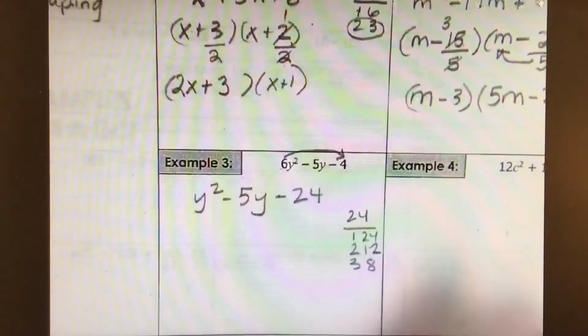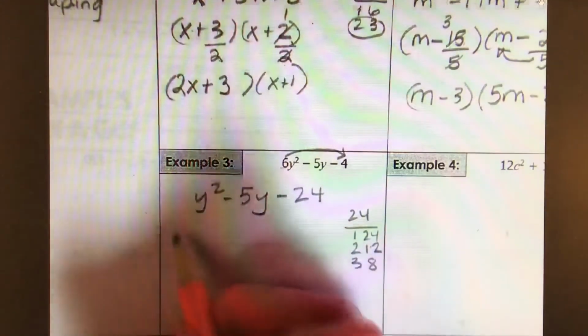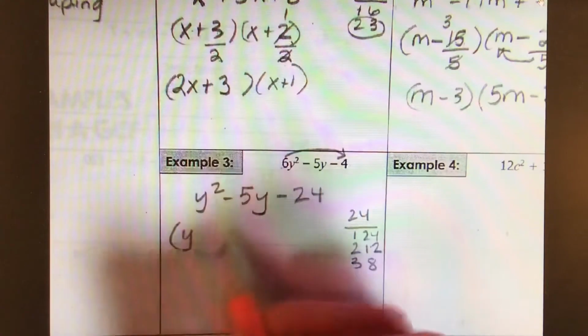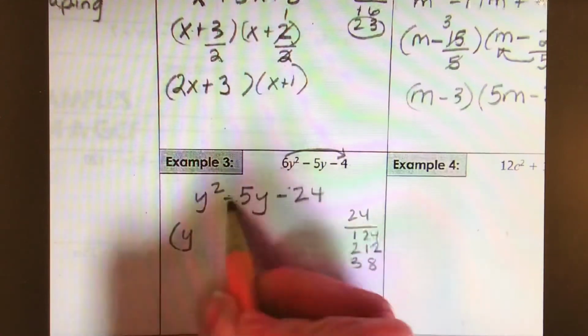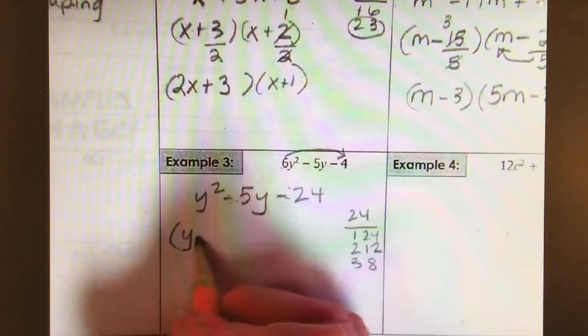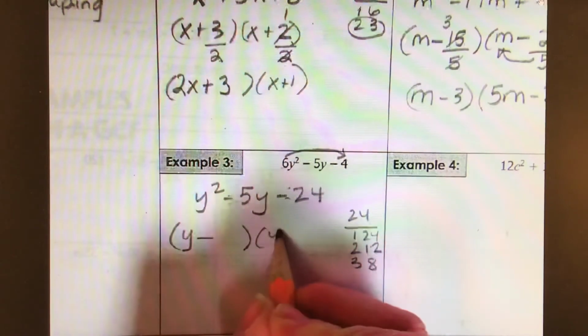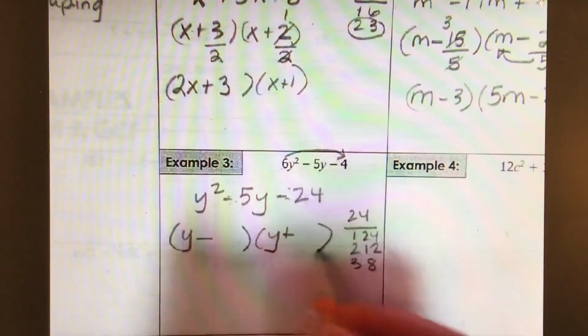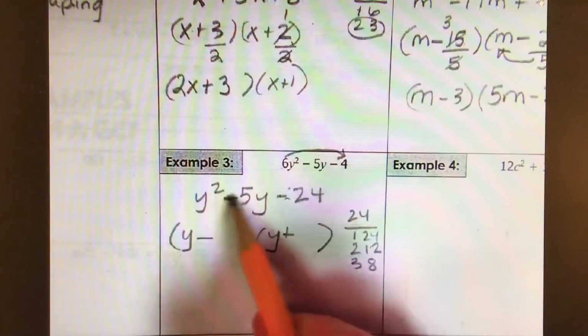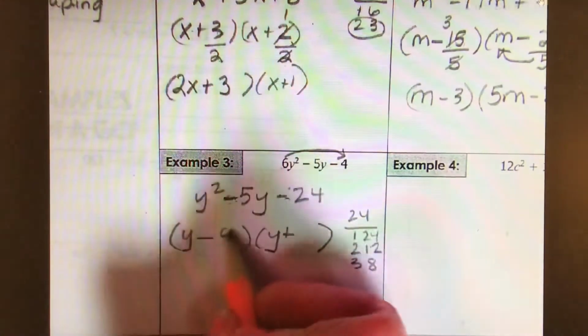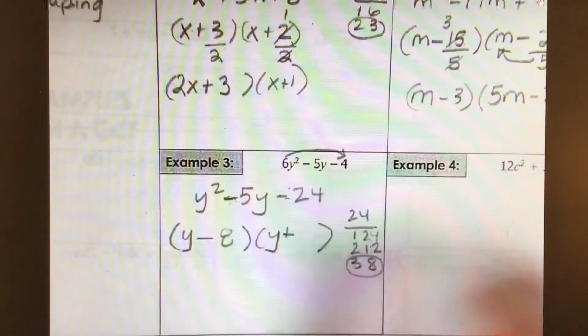I think I got it. And they're both negative signs, so think my template. If I have 2 negative signs, then I know that I'm going to have 2 different signs. I'm going to have y minus something and y plus something. And the negative one goes over here, so the larger number in my factor pair has to be negative.